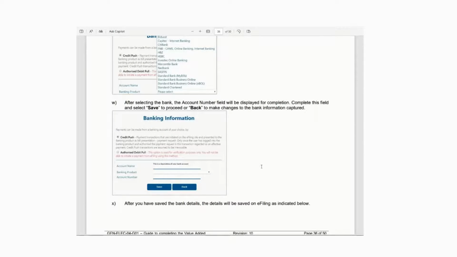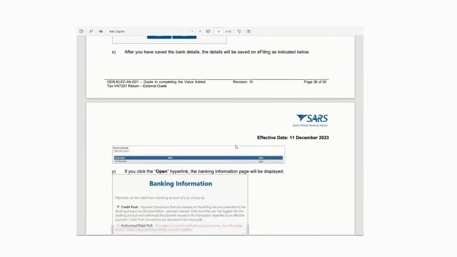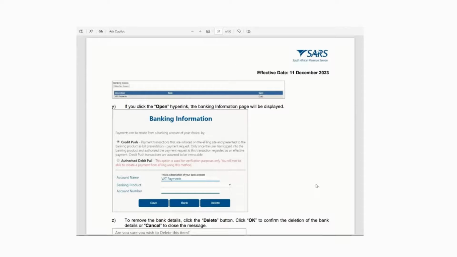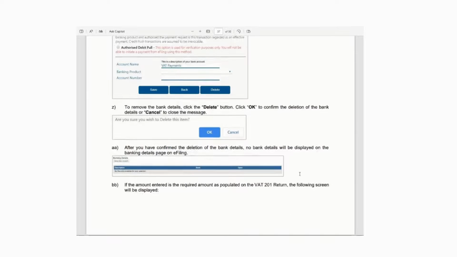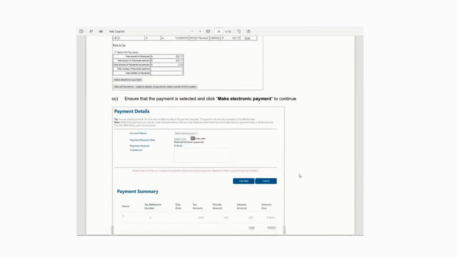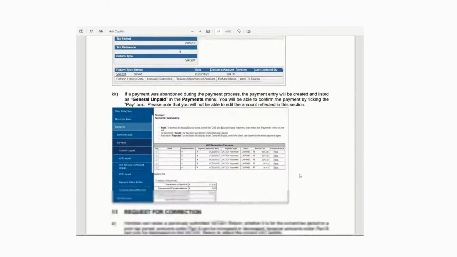When you open up your bank account, either through the app or online, you will see that there's a section of payments called e-filing, and you'll see that request coming from SARS that you would like this payment to be made. Then you accept it on your banking app, and that payment is made, and then you just make sure you download a copy of that proof of payment for your records. That's as simple as that, of making payments.